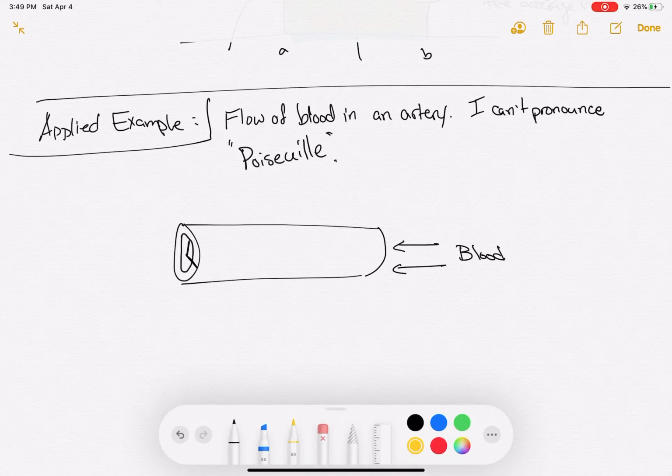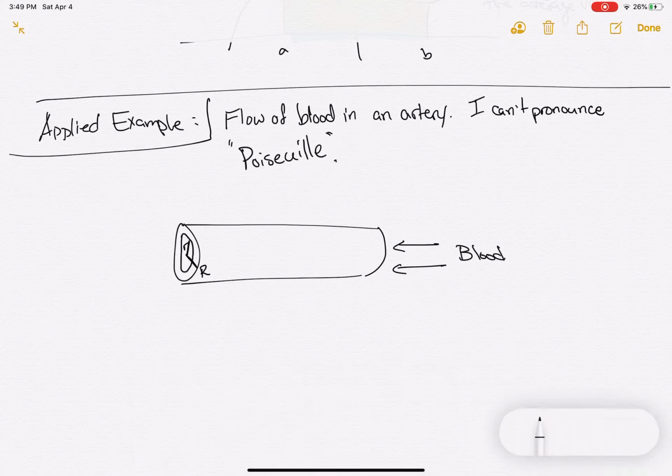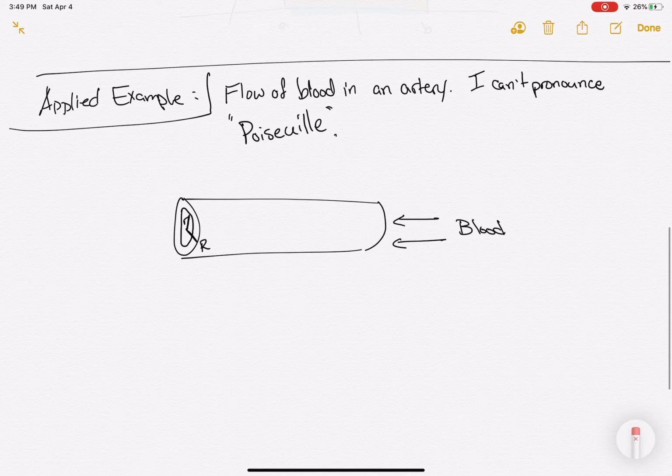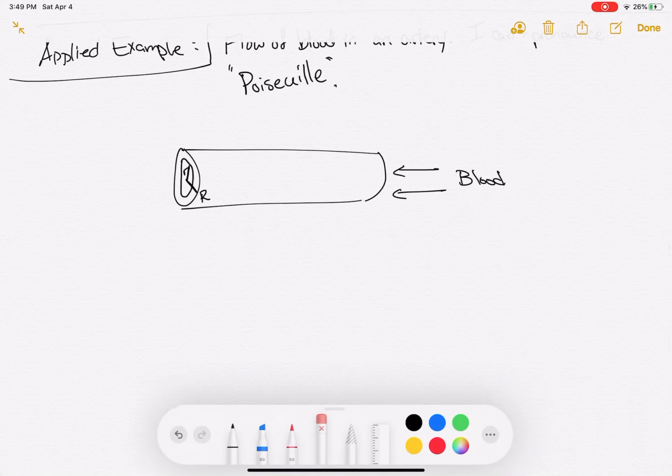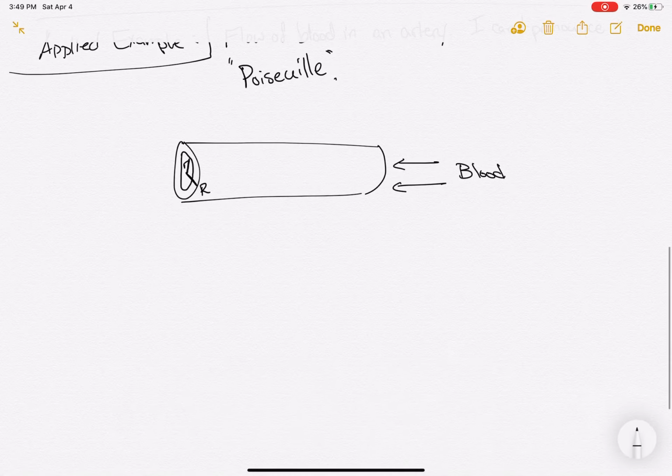You'll notice the small radius goes to the middle, to the inner one, little r, and then we have big radius, big R. And the law that is followed looks like V, the velocity of the blood, V of little r equals K times big R squared minus little r squared, where K is a positive constant.